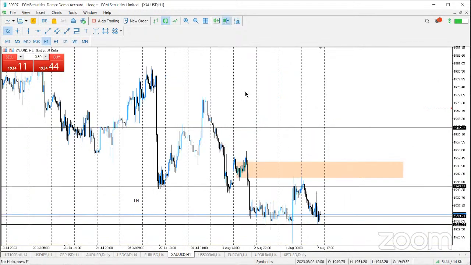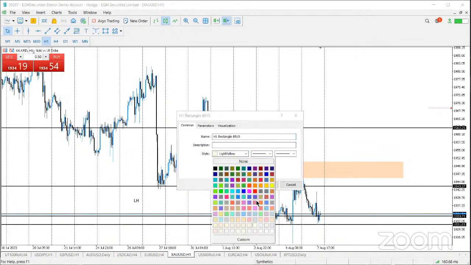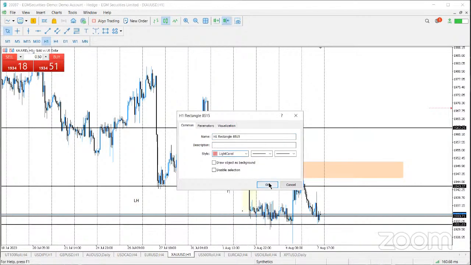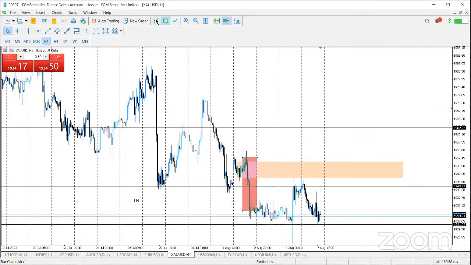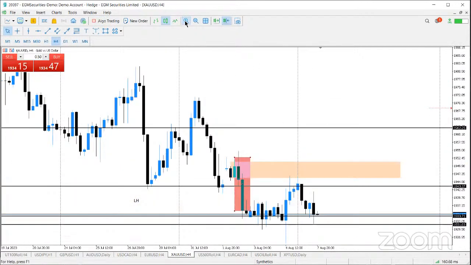Okay, so take note of this move over here. I'm going to go to properties and change this to something conspicuous like that. I'm going to go to H4. The best time to identify order blocks is when you're in a higher time frame.